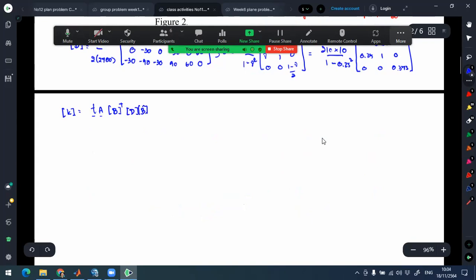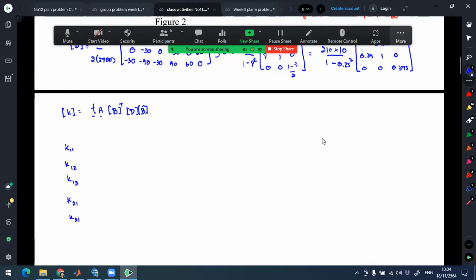For this problem, we would just like to determine K11, K12, and K13. How about K21 and K31?